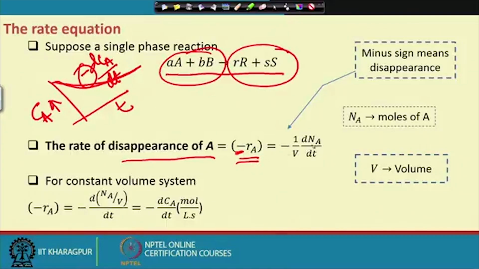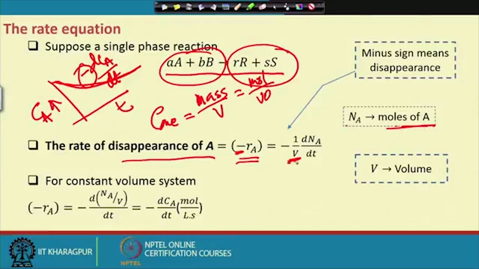This minus rA equals dN by V. N is the moles of A. So, what is concentration? Concentration is nothing but mass per unit volume or moles per unit volume. Here NA is the moles of A and V is the volume.